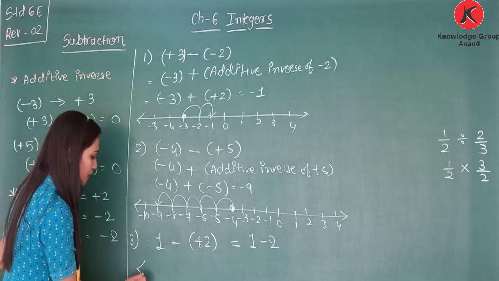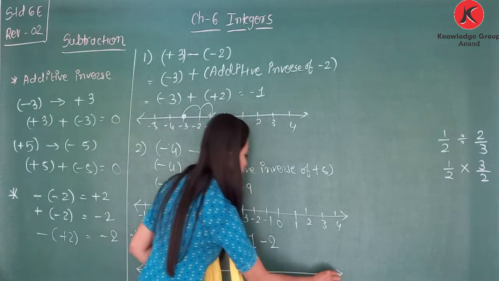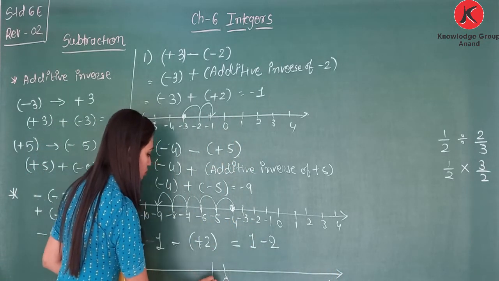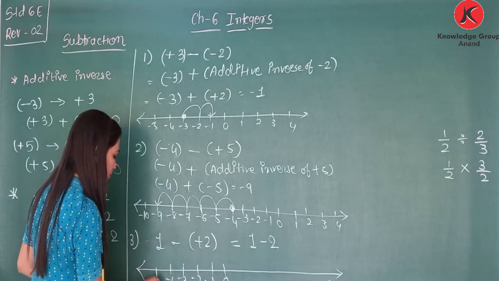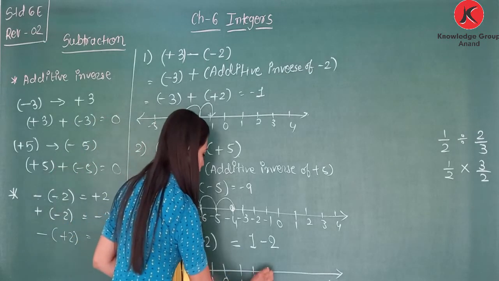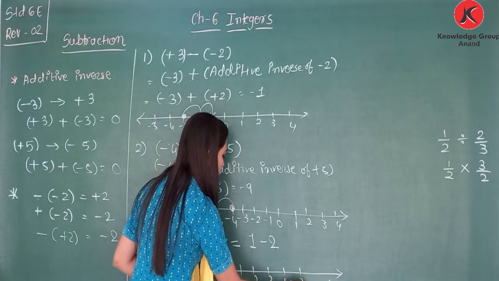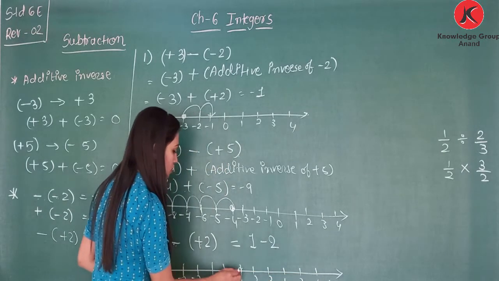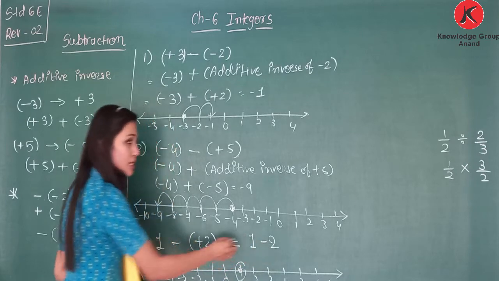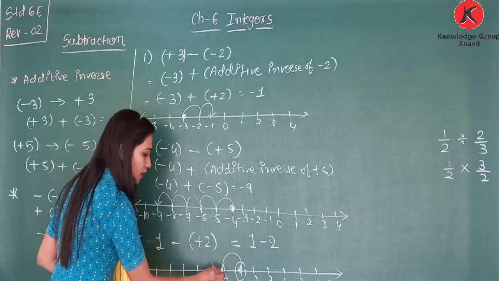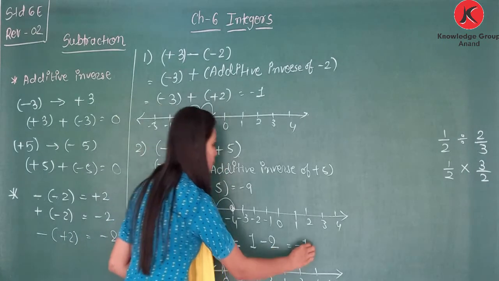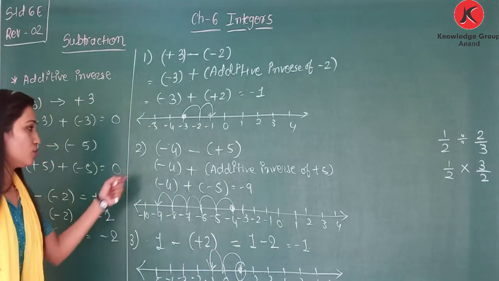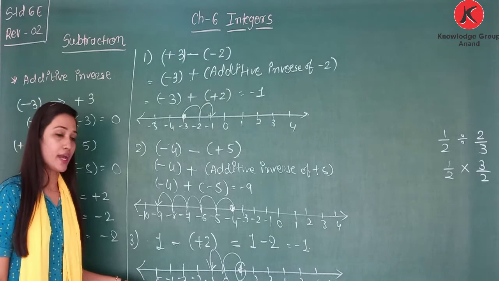Now here we can write 0 minus 1. Represent 1, and 2 steps left side. We reach minus 1. You can perform this on the number line or you can directly write it.